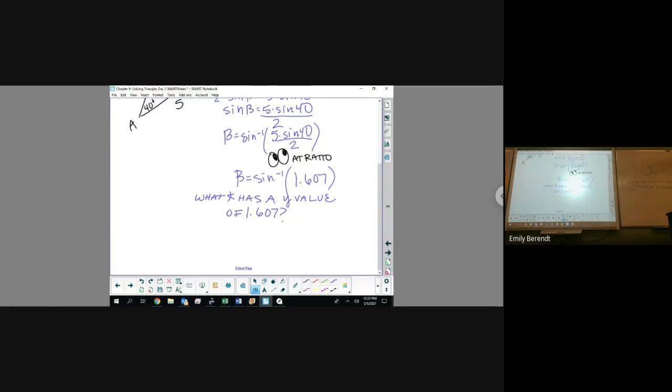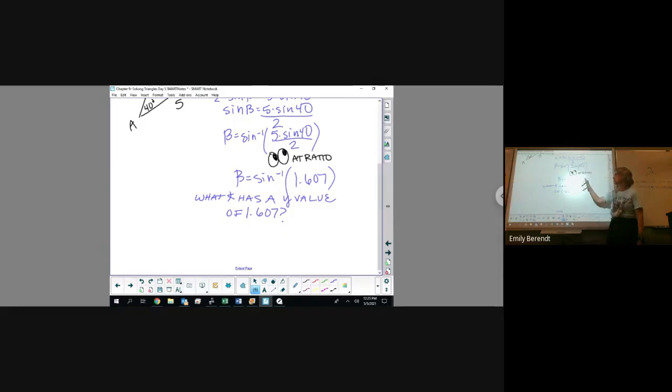Why is it called the unit circle? It's 1 unit as a radius. So the furthest out it can go at any point in time is what? 1. And 1.607 is bigger than 1. Bingo. So this can't make a triangle whatsoever.